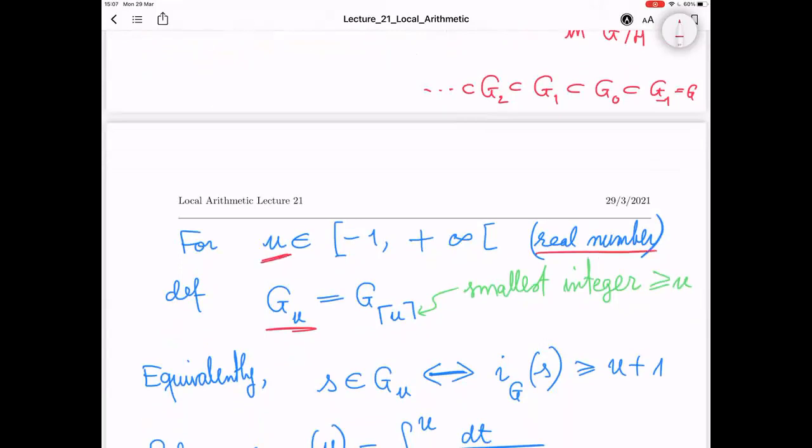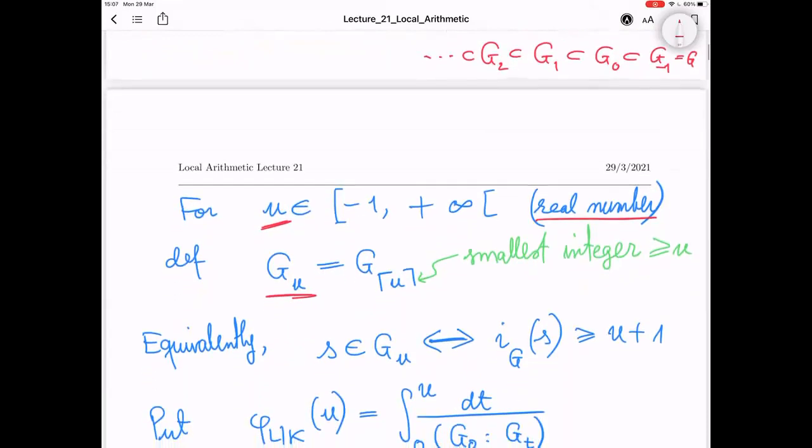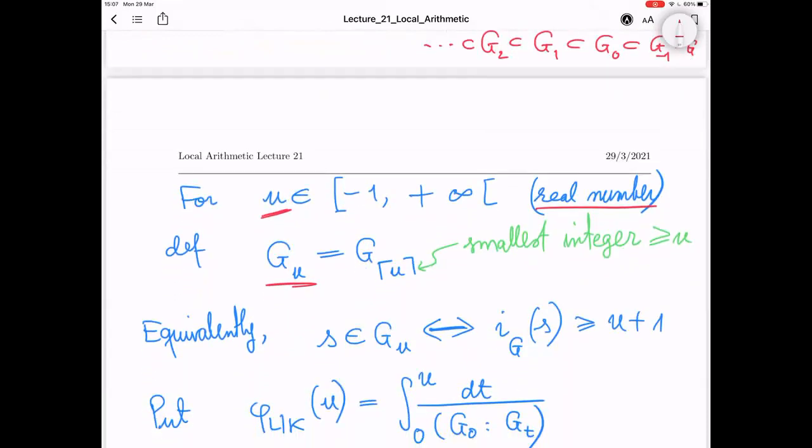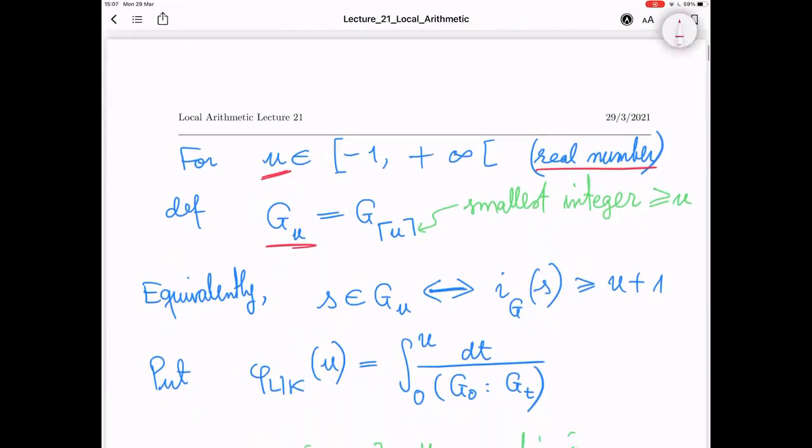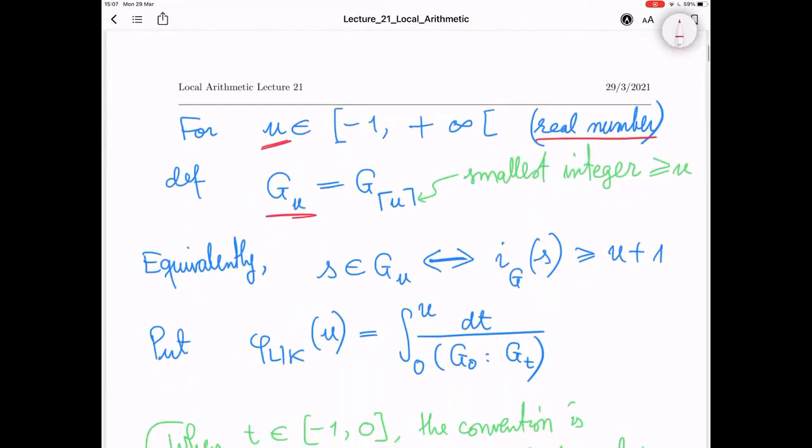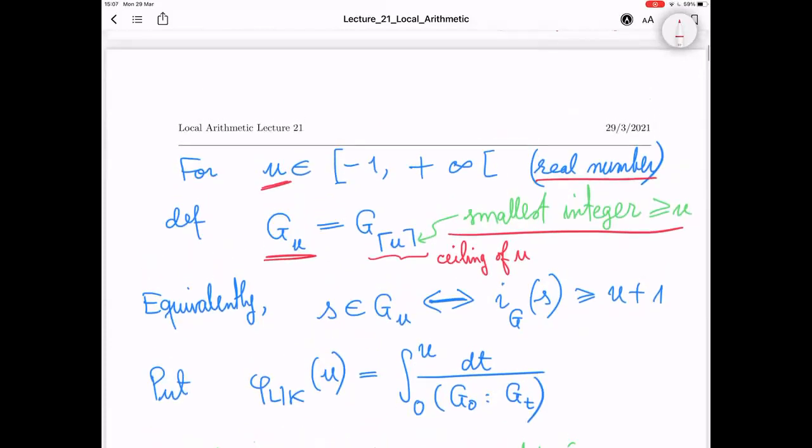Take any real number u greater than -1, and you define G sub u to be G sub ceiling of u. The ceiling is supposed to be the smallest integer which is greater than or equal to u. So here's the real line, here's your u.